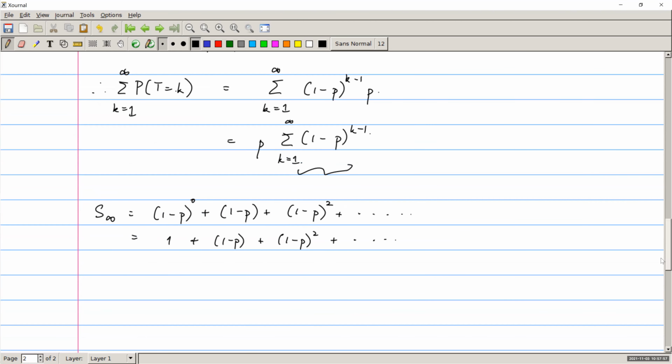To do this summation, we multiply it by 1 minus p, and I get 1 minus p plus 1 minus p squared and so on. Then I subtract the two together. So 1 minus p times s infinity is 1. Everything else cancels.